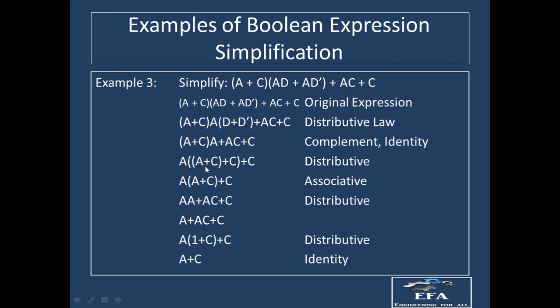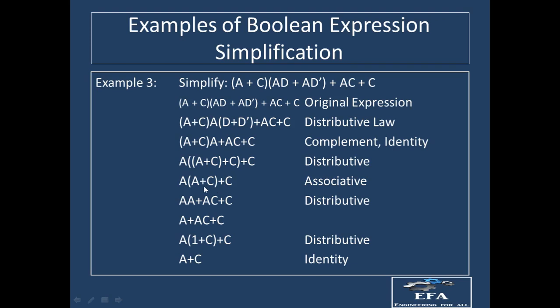What is x? x is equal to a plus c. So a is taken common, and this is a plus c plus c plus c. From here we can apply the associative law, so we have c plus c, and c plus c is equal to c, so we are left with a plus c. So this will be the ultimate equation, a into (a + c).